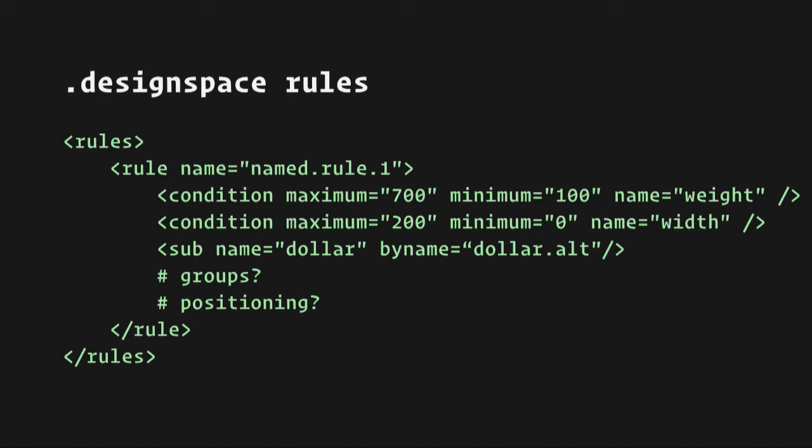Suppose for the width axis we are between 200 and 0, that condition is true as well. Then substitute a glyph named $ with a glyph named $.alt, which looks great. And Mutator actually executes this rather well, but not in a nice preview, and also not with groups and all of the fancy stuff that you would expect from feature text and GPOS and GSUB.